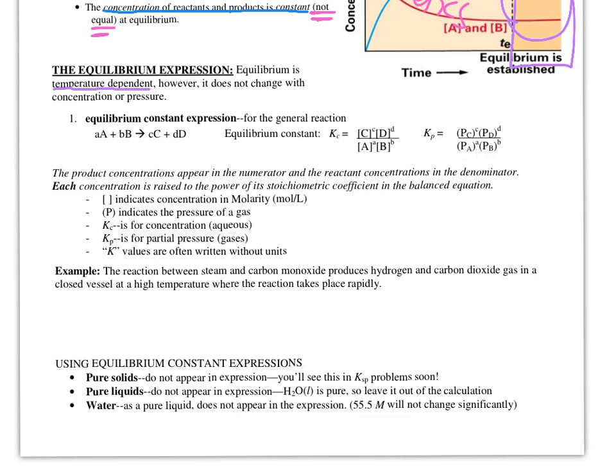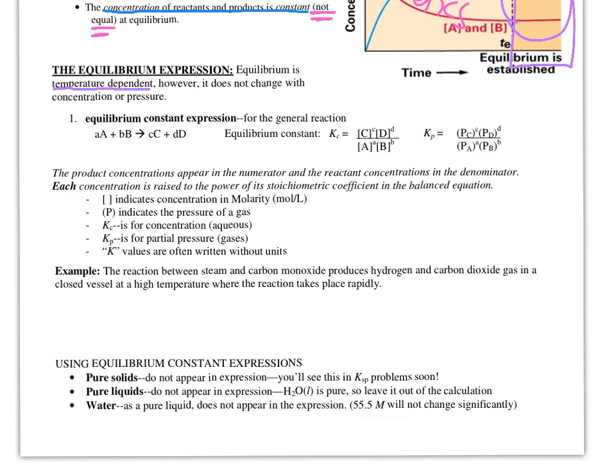So equilibrium is temperature dependent. However, it does not change with concentration or pressure. All right. So I can change my equilibrium if I change my temperature, but it's not going to change my equilibrium just because I have a higher concentration or a higher pressure of gas.